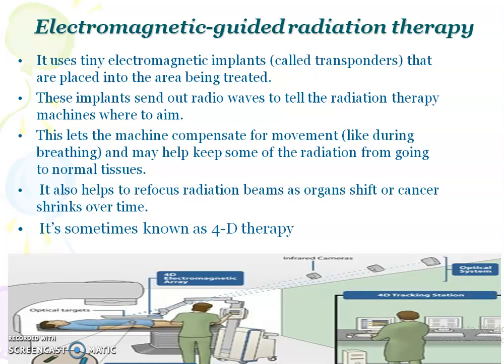So when the transponders are in place, after a period of radiation therapy, the size of the cancer may get reduced. Even in that condition, we can refocus the radiation beams by using the transponders. So this is sometimes known as 4D therapy.